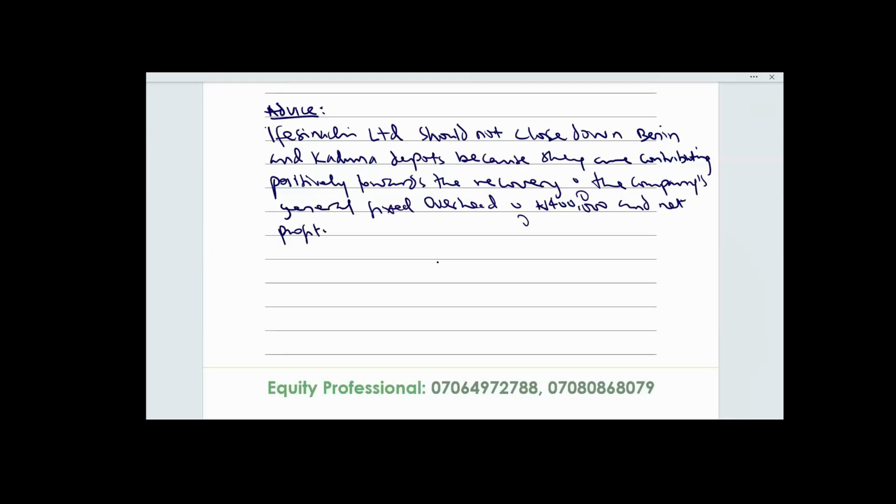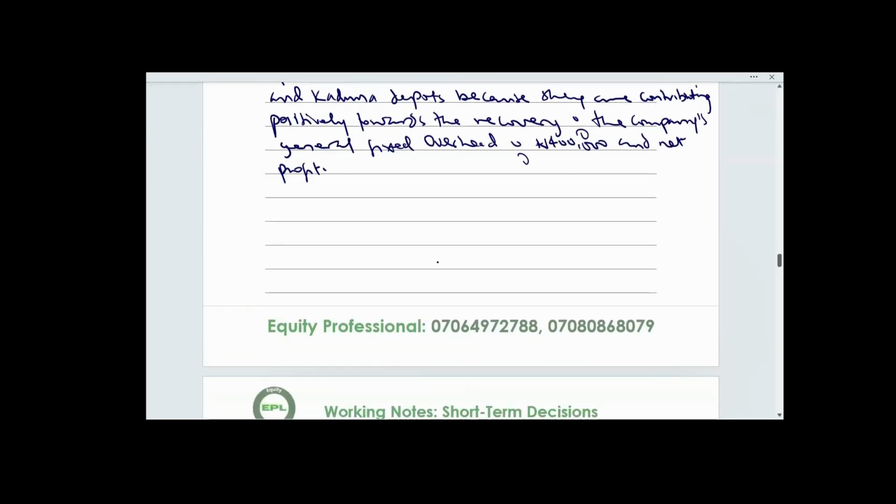If you will not stop here because you are doing analysis, you then say, if Benin and Kaduna depots are closed down, the profit of Ife Sinachi Limited will fall from 118,000 naira. Don't go and be using this kind of sign on the day of your exam. Call it this, that is not hand.